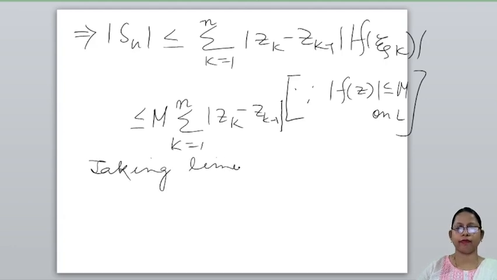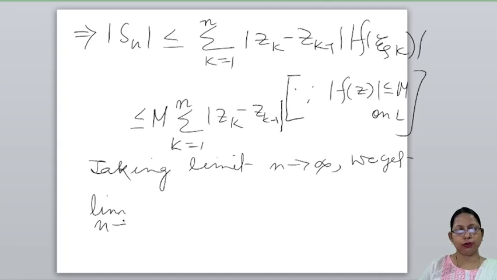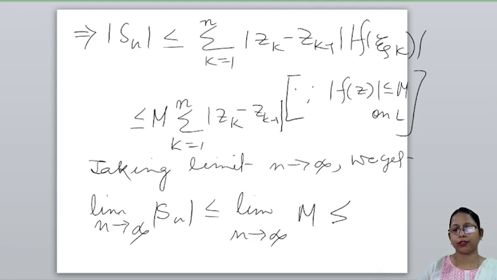we get the limit as n tends to infinity of modulus of Sn less than or equal to the limit as n tends to infinity of M times the sum over k from 1 to n of modulus of (zk minus zk minus 1).